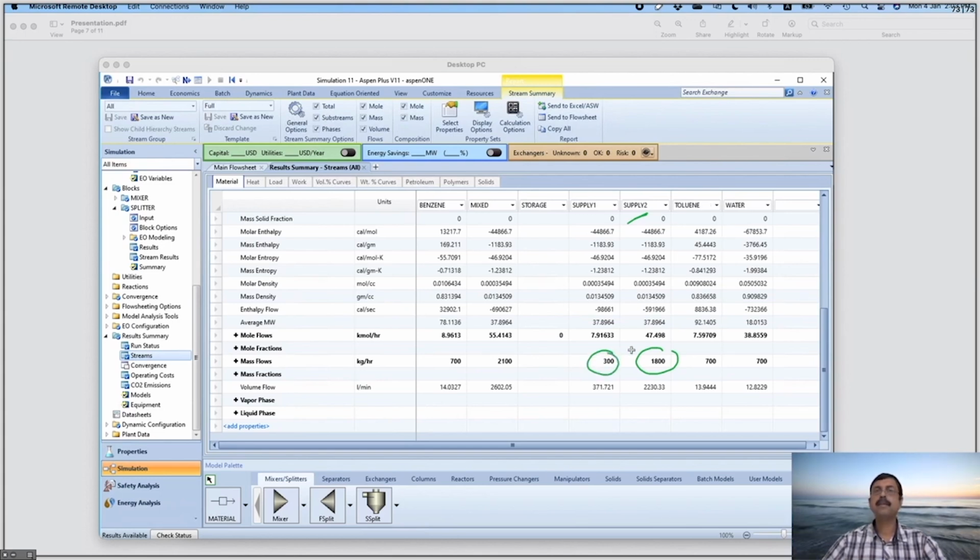So we have only 300 kg per hour left because the total is 2100. Okay, so supply line 1 gets only 300 kg per hour. The storage completely goes dry because it does not have any more flow left to feed into storage. So that is how you can use mixer and splitter.